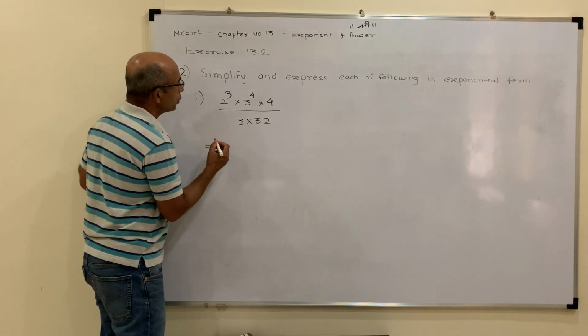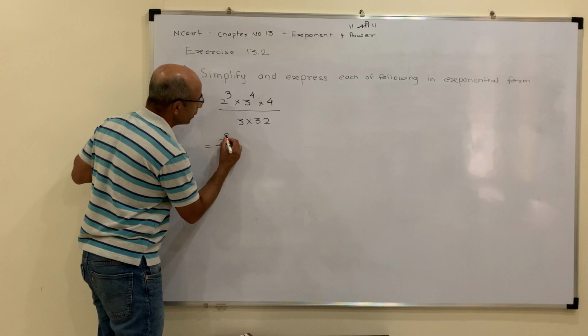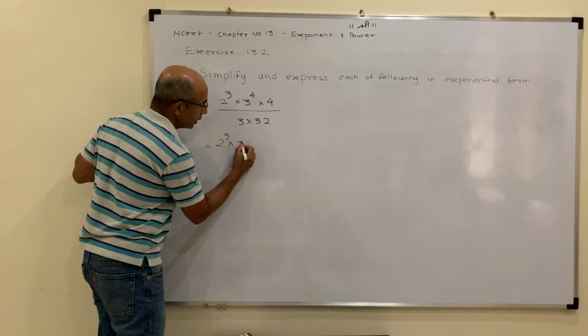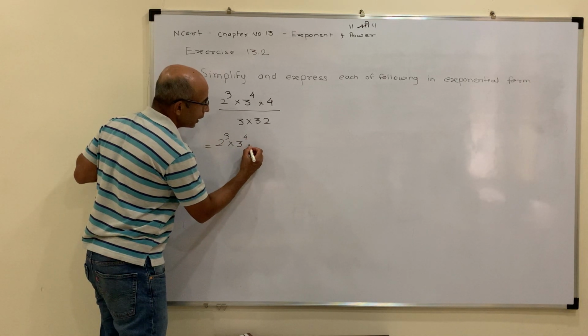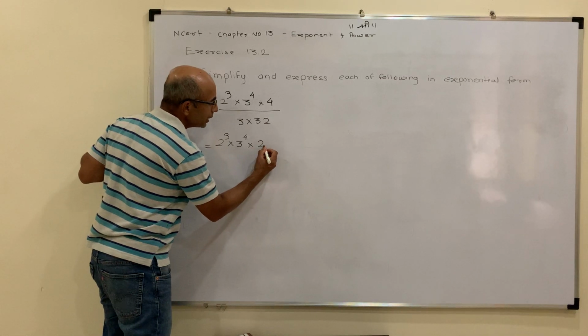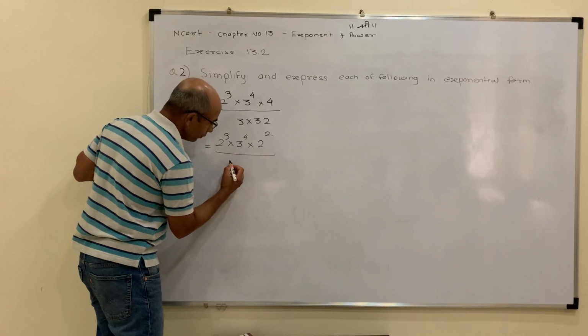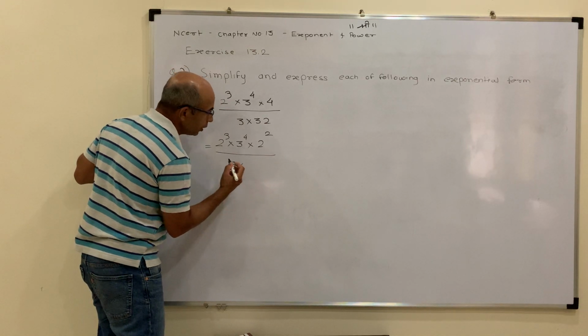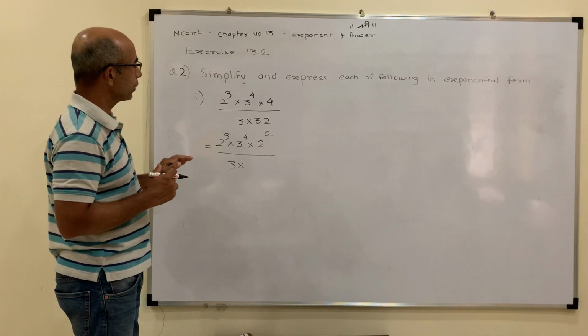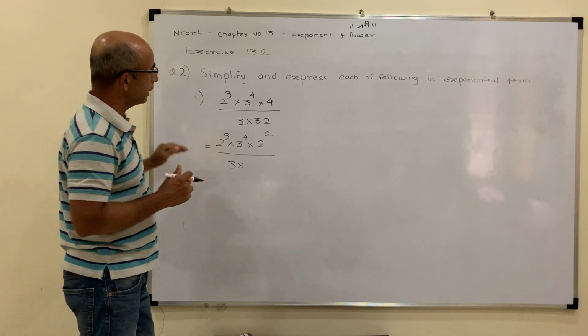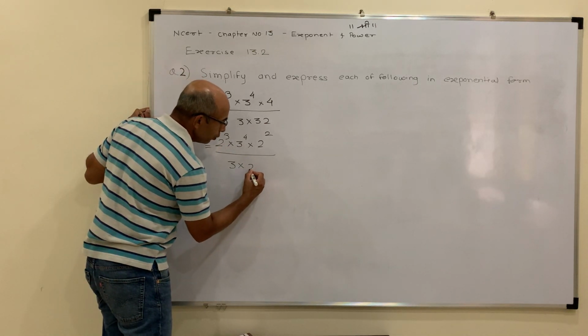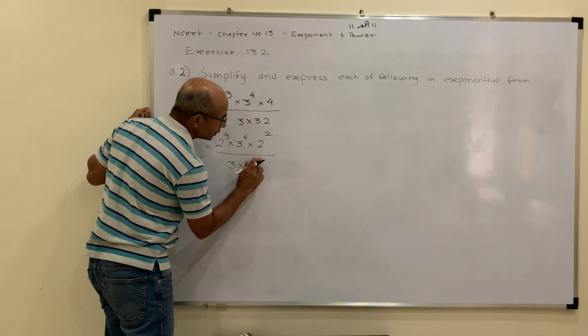So now 2 raised to 3 into 3 raised to 4 into 4. 4 is nothing but 2 raised to 2. So divided by 3 and then 32. 32 I think is 2 raised to 5, but let's find out.